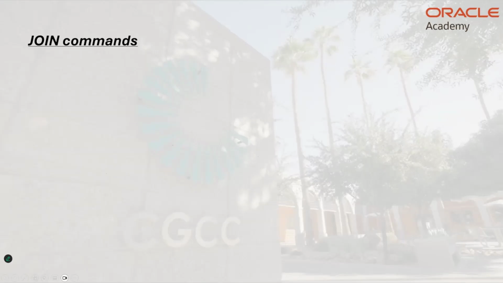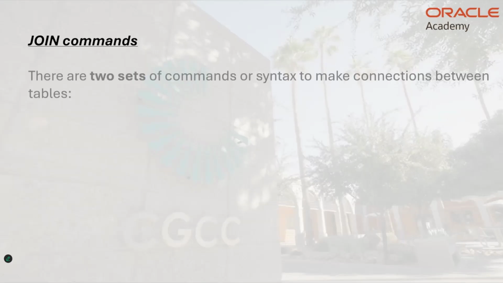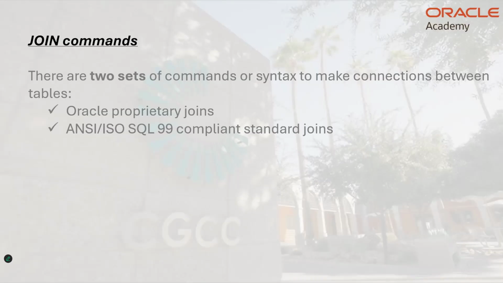All right, so the join commands, or join itself, there are 2 sets of commands. Essentially, the syntax that makes the connection between tables. There's the Oracle proprietary, and then there's the ANSI standard.